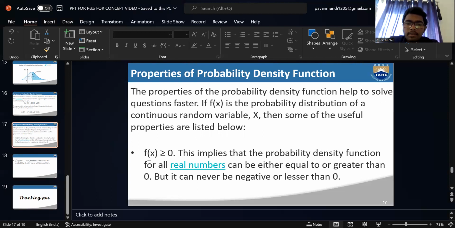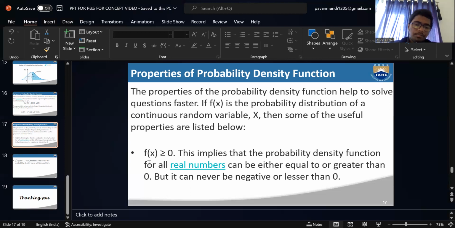If f of x is the probability distribution of a continuous random variable x, then some of the useful properties are listed below.